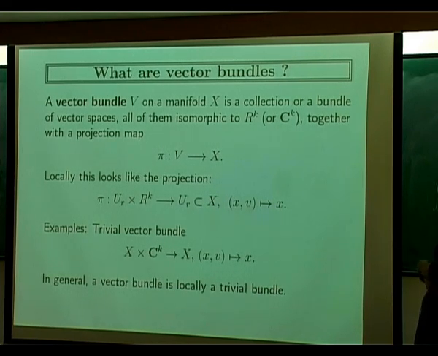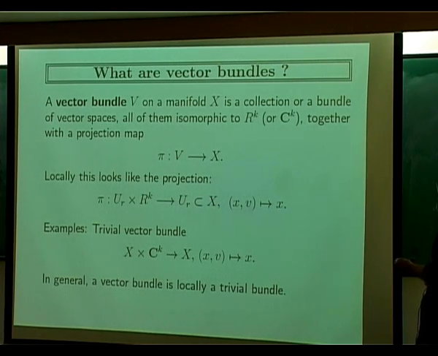To a vector bundle, which is a manifold, firstly you can associate a dimension, which will be the dimension of X, because locally it looks like a product of an open subset of your base, plus the dimension of your fiber, the dimension of the vector space you attach. So you can define the dimension of this vector bundle, and then the second property you can look at is the rank of this vector bundle.